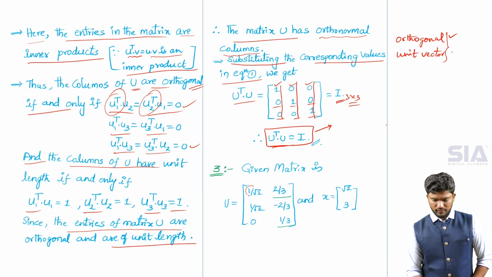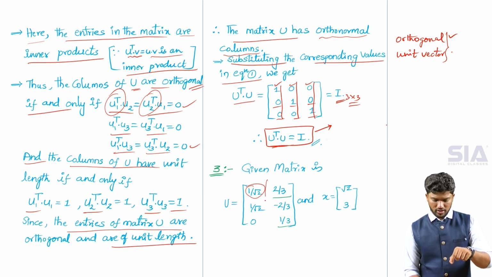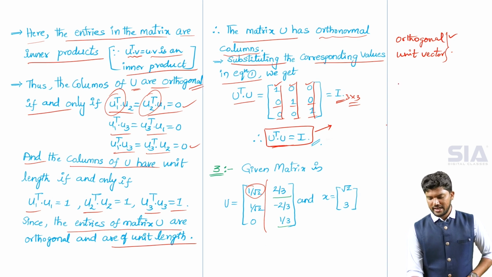So here the first column, the first entry is equal to, okay, so we are finding the norm of the first column, which we can write in this format: under root of 1 by root 2 whole square plus second entry, again 1 by root 2 whole square, third entry 0 square.